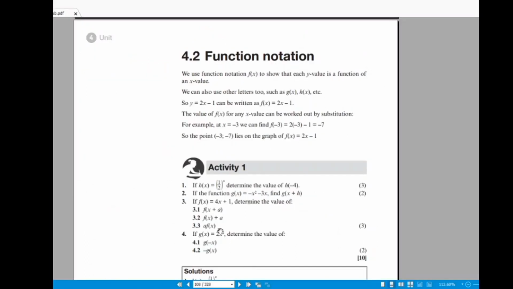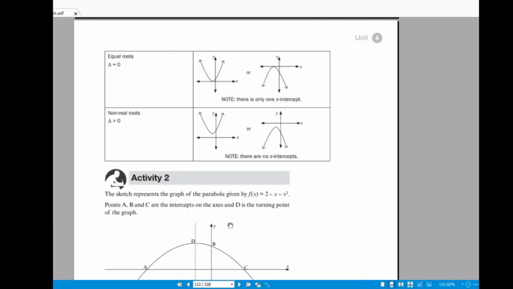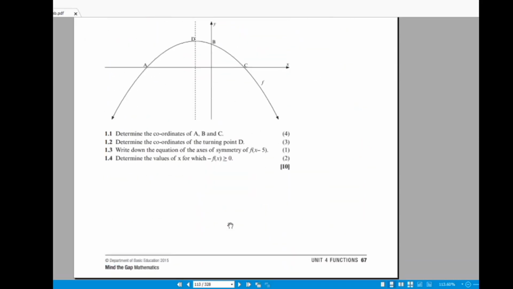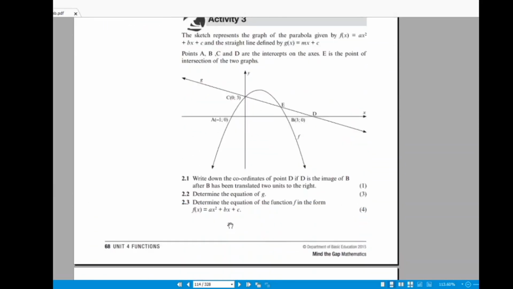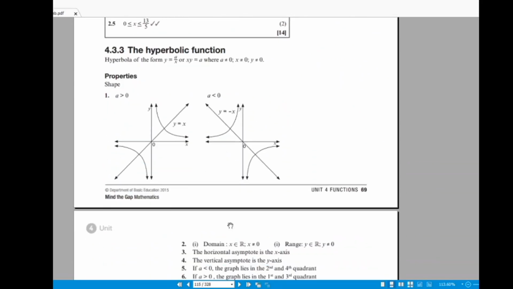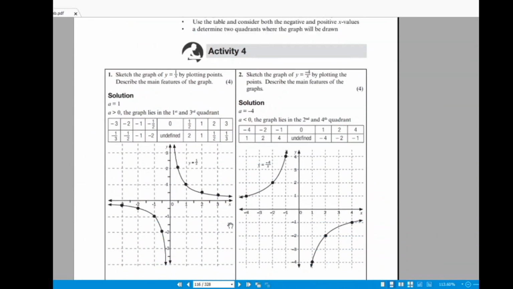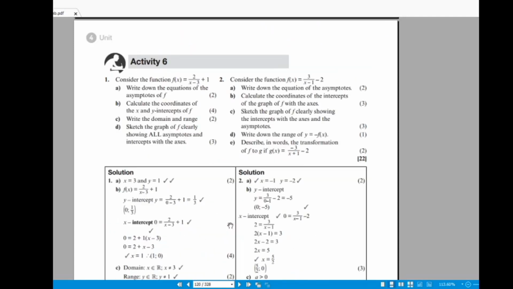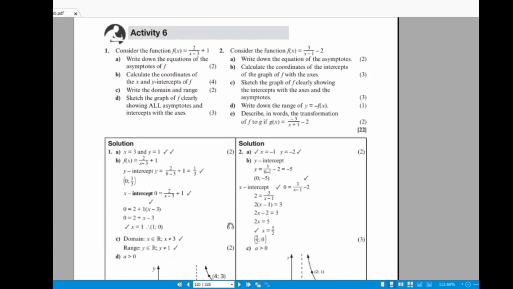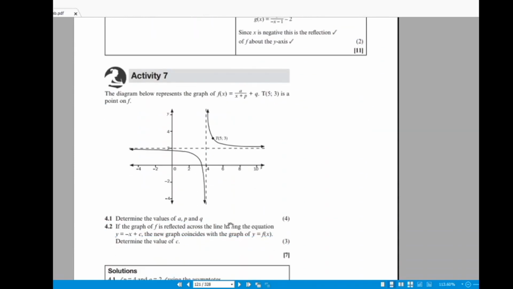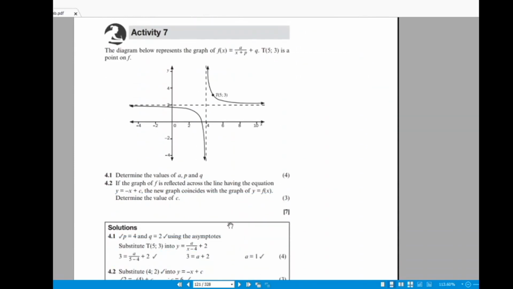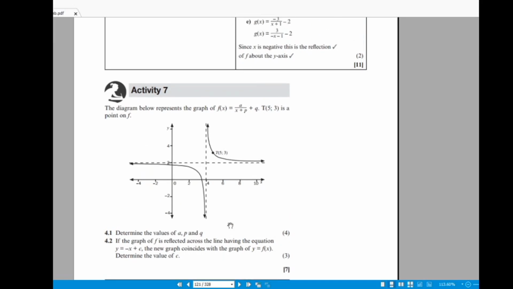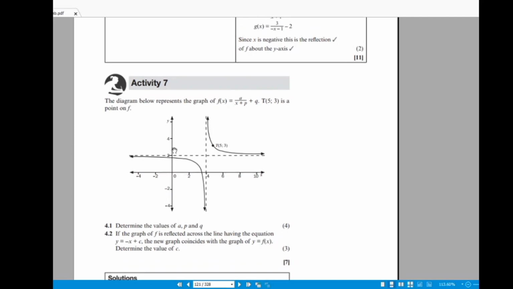So let me do one more activity. All right, let me do activity 7 and then conclude hyperbolic functions, right?